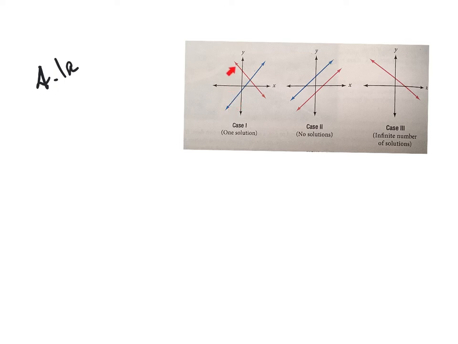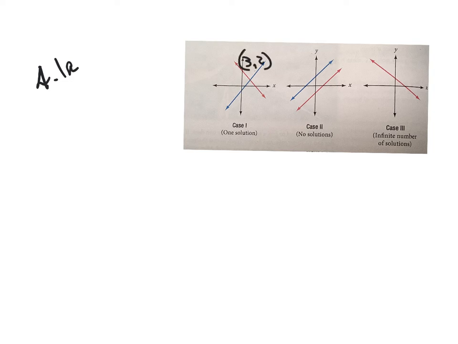The first one, and the most common one, is they're going to cross. And when two lines cross, they always cross at one point. So we have one point that is common to both the red line and the blue line. So let's say it's 3, 2.